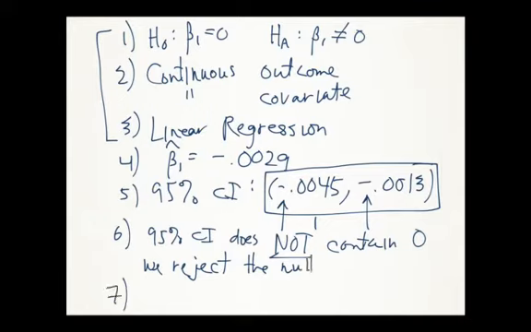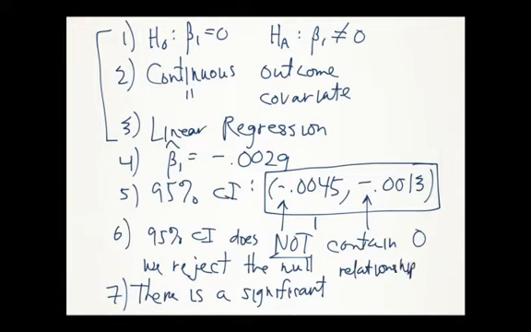And in step 7, we say, we conclude, based on our sample, there is a significant relationship or association between age and BPF. And obviously we wouldn't stop there. We would say that as age goes up, BPF goes down on average. Okay, so what does this look like in Stata?